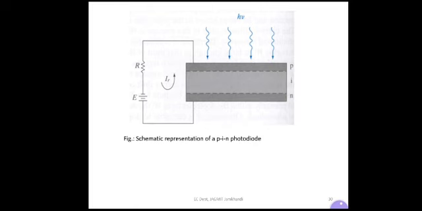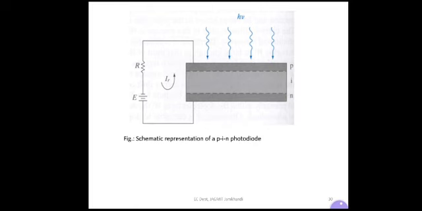One way of controlling the width of the depletion region is to build a PIN photodetector. As shown in the figure, here the I region need not be truly intrinsic as long as the resistivity is high.